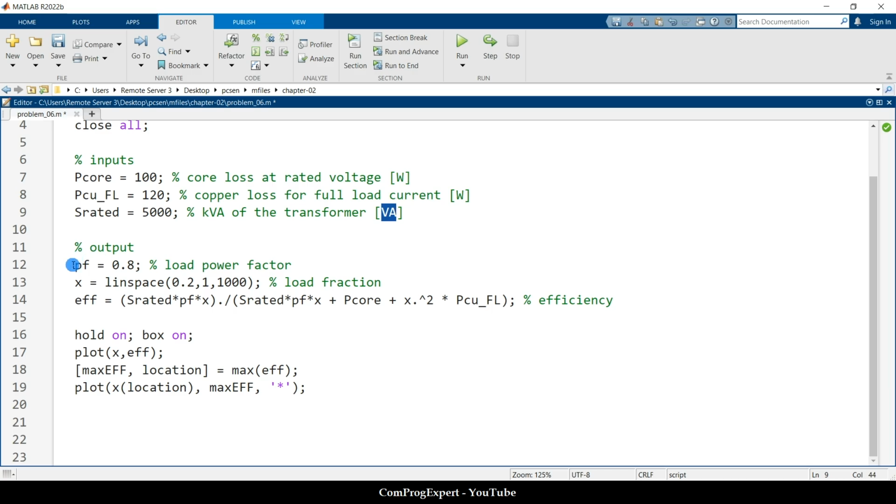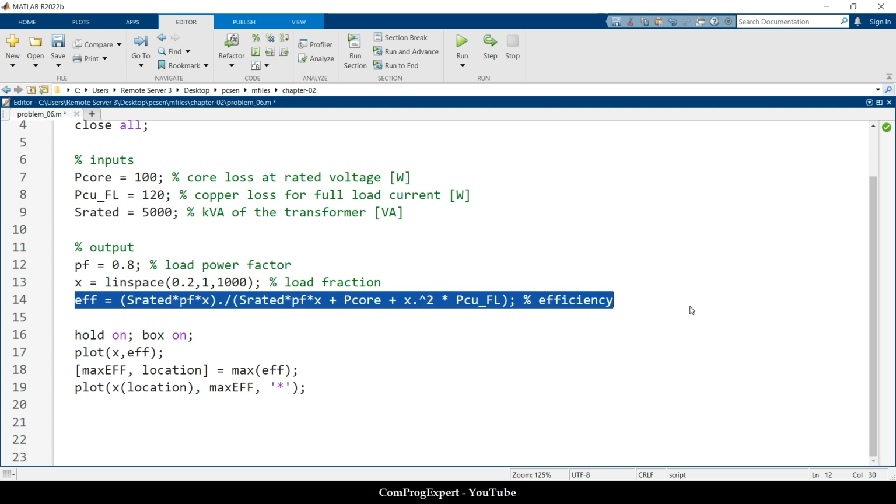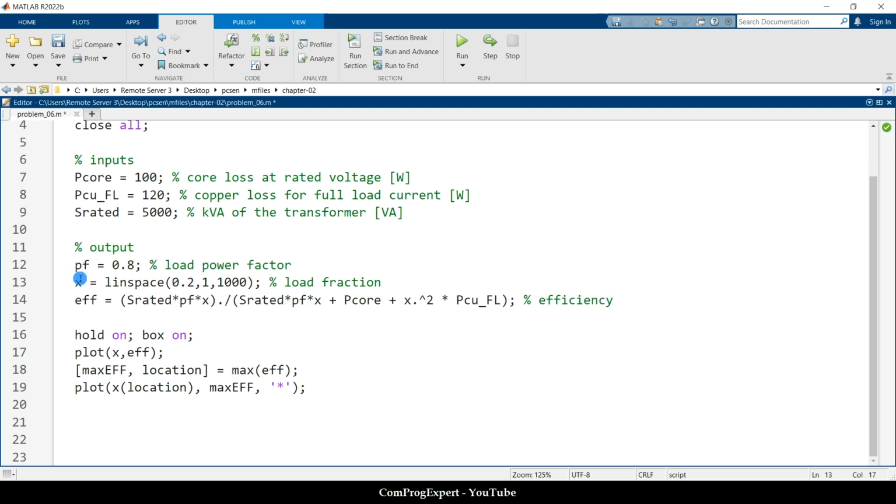And I considered the load power factor equal to 0.8 to calculate the efficiency. I changed the load fraction from 0.2 to 1. Let's consider 20% overload, 1.2.